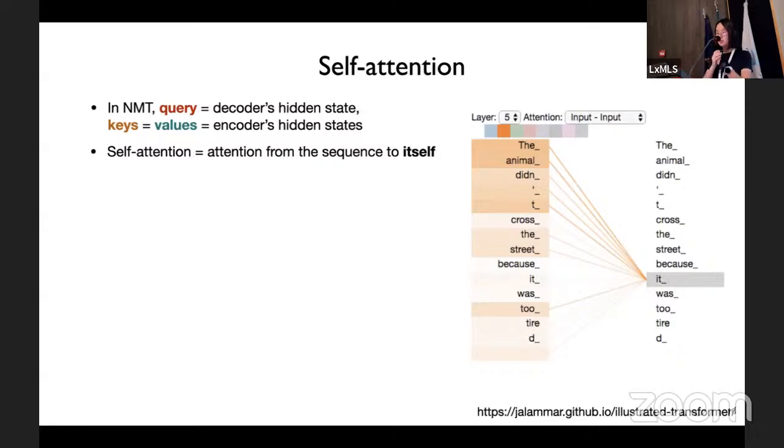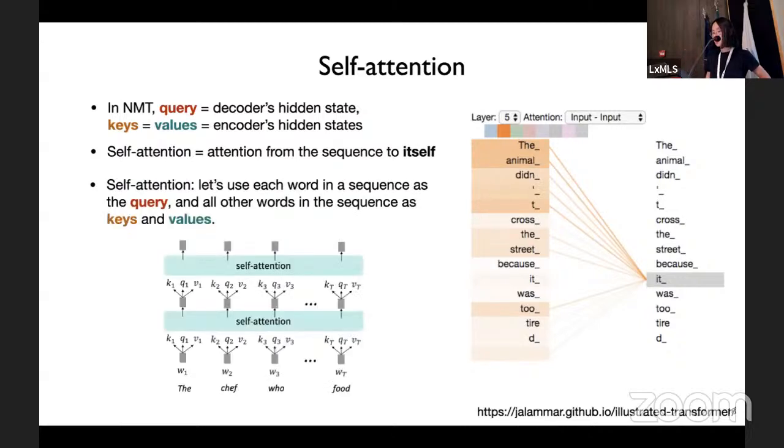We are going to do the attention from the sequence to itself. Let's say we have a sequence of words; we map this sequence of words into a sequence of vectors. Then we can use each word in this sequence as a query, and all the other words in the sequence as keys and values. That's the basic idea of self-attention.